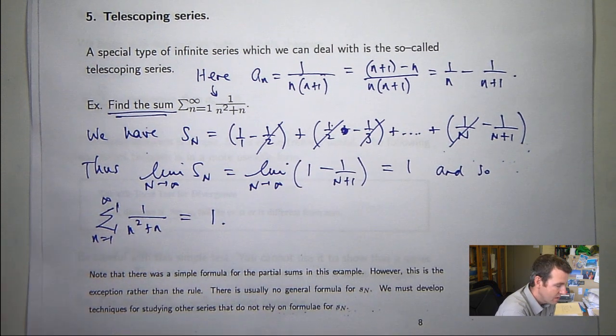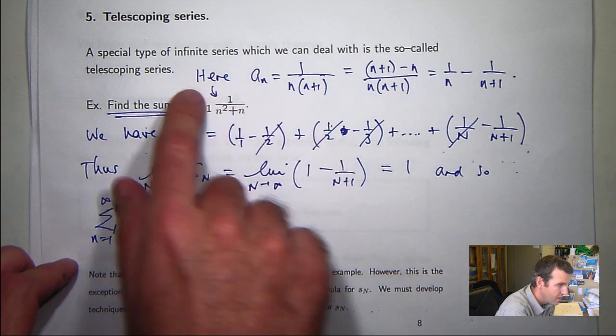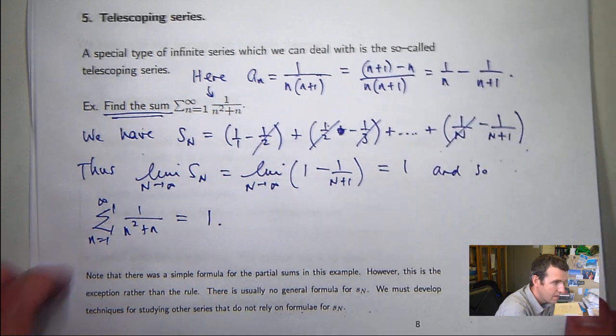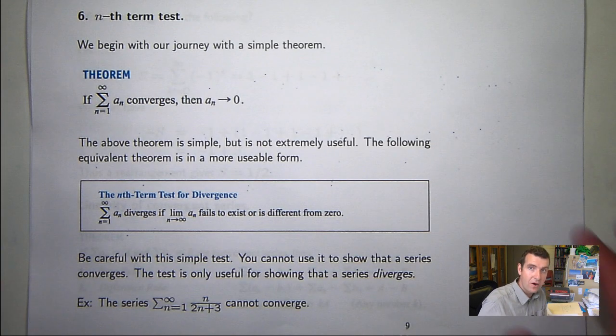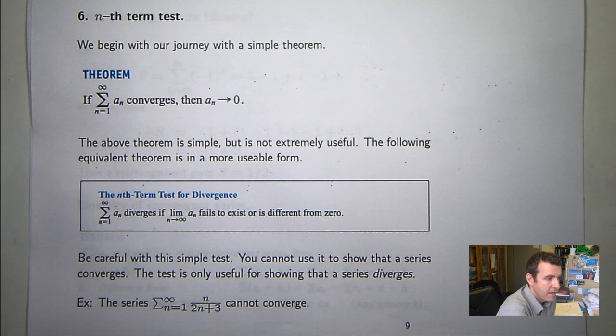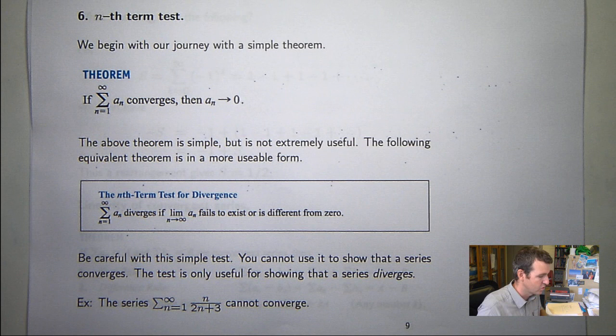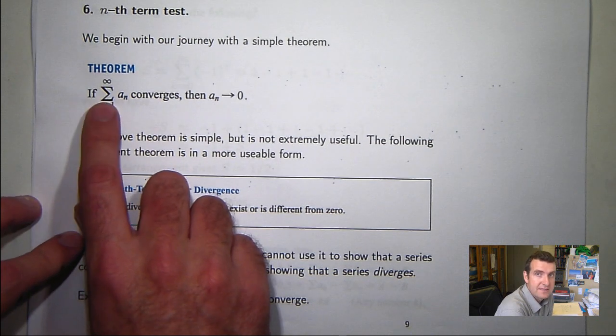So what we need to do is develop a way of dealing with these series without relying on a formula for the partial sums. We need to develop other techniques and methods that are much easier to use. Right, so let's start our journey with a basic but very, very powerful test.